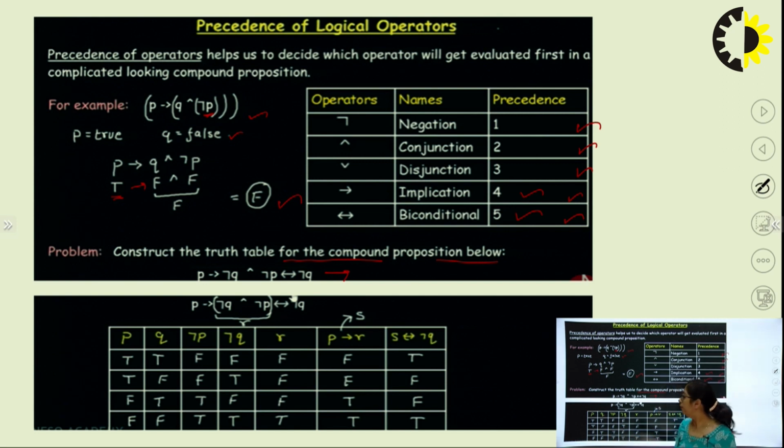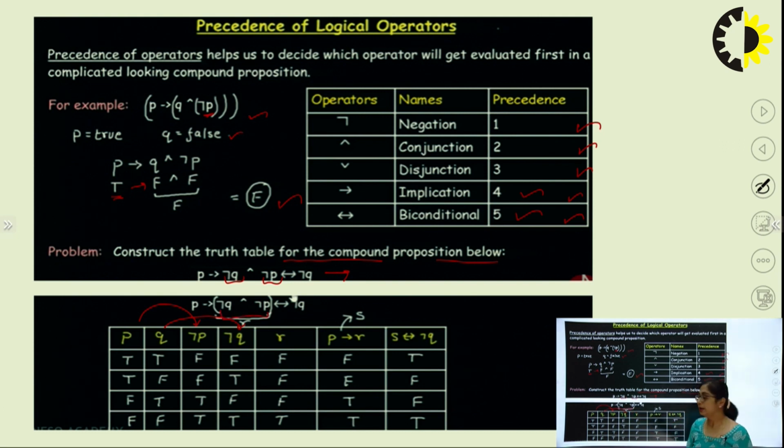Then here we have to find the negation of P and the negation of Q. So we just do the negation of P, true will become false and false will become true, and then we will solve the negation of Q. And then R. Here R is nothing but this statement.